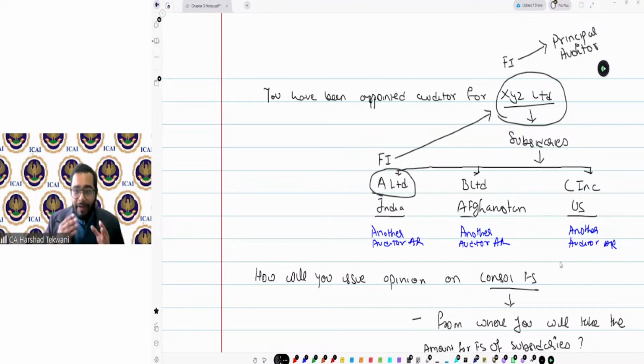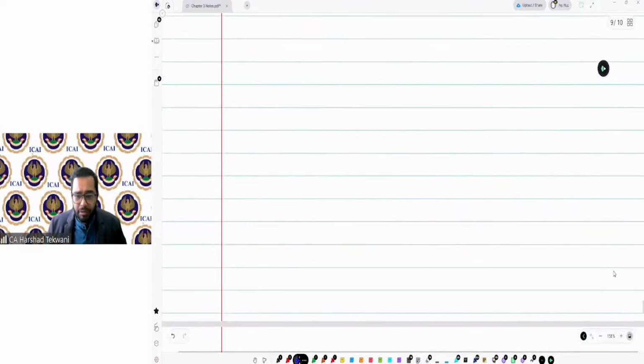Again, when the financial information of a branch or subsidiary is included in the financial information of another entity which is audited by a principal auditor, that branch and subsidiary will be known as a component. So this will be your component, based on the definition.